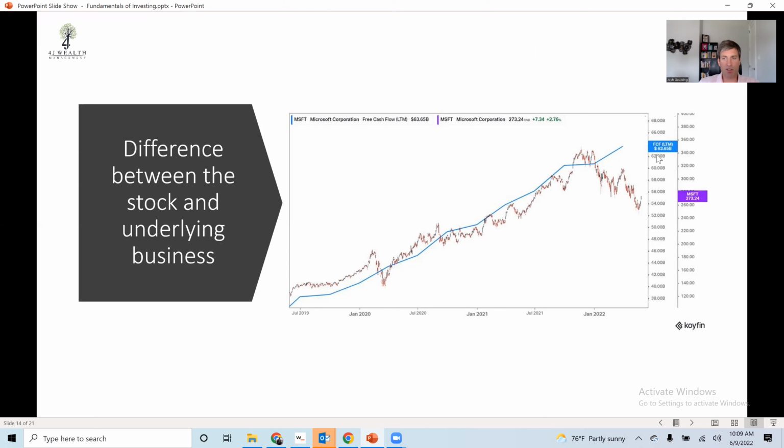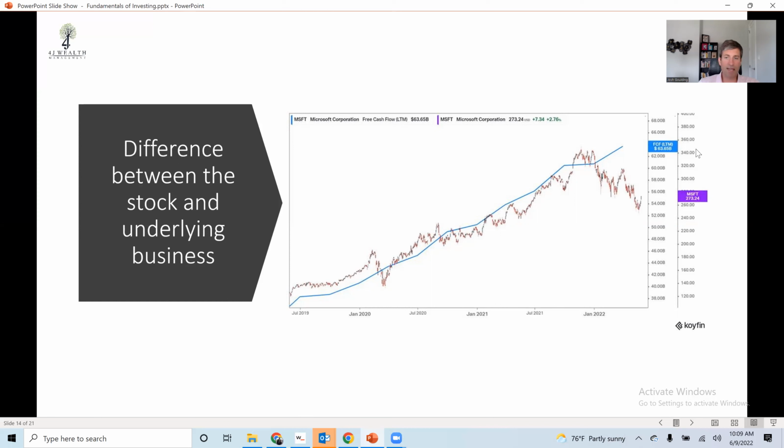And so this is, I think, a really good example of where if you're paying attention to just the price of the stock, you're going to feel pretty disenchanted about your holding. But if you're looking at the underlying fundamentals of the business, the cash flow it's generating, it continues to look strong. And again, over long periods of time, if this blue line continues to trend upward and to the right, the stock price over time will naturally follow.